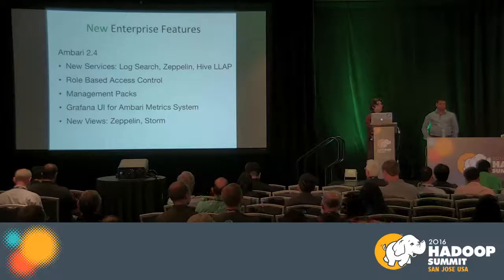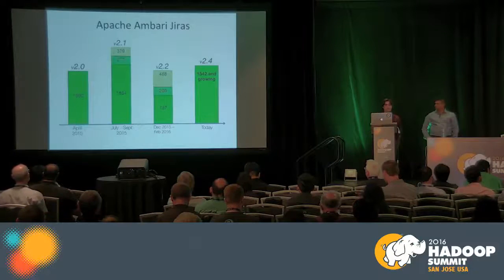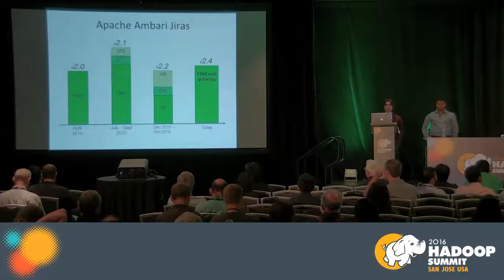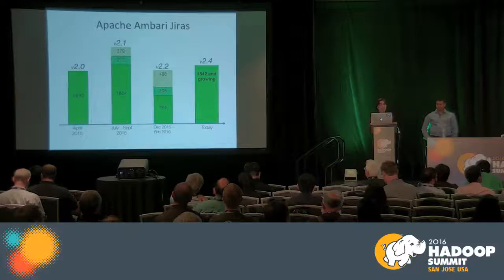I want to go over the history of how Apache Ambari has progressed over the last couple of months and what we're doing now. Our release cadence has typically been 2 releases or maybe 3 per year, plus a lot of maintenance releases on top of that. In April of 2015, we had Ambari version 2.0 with 1,690 JIRAs.